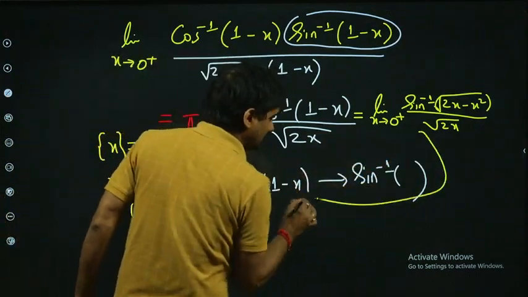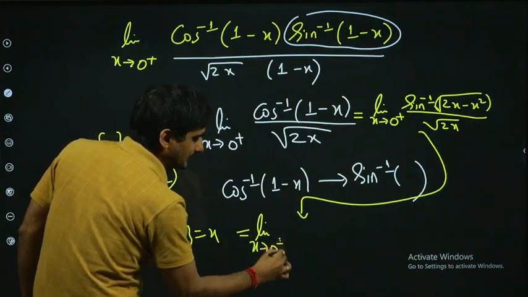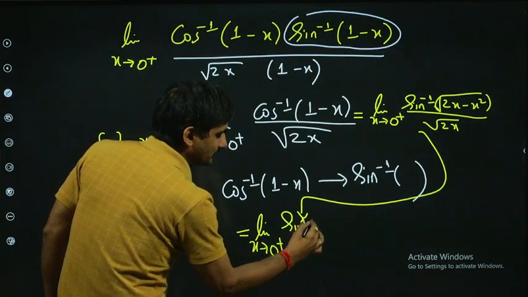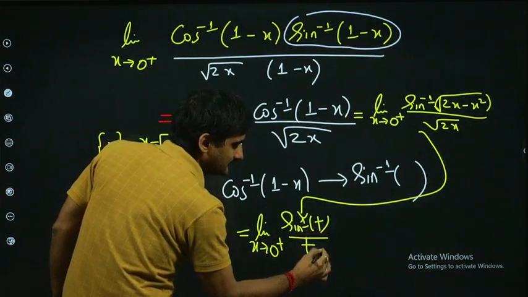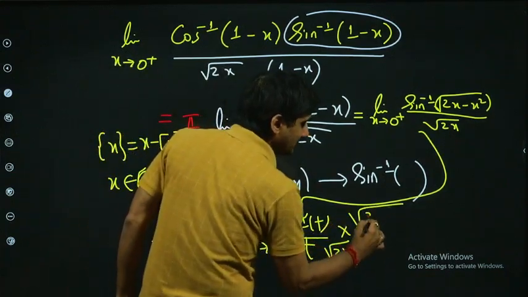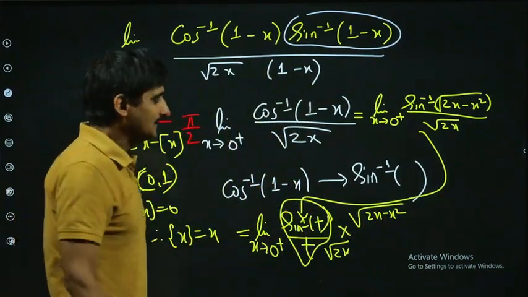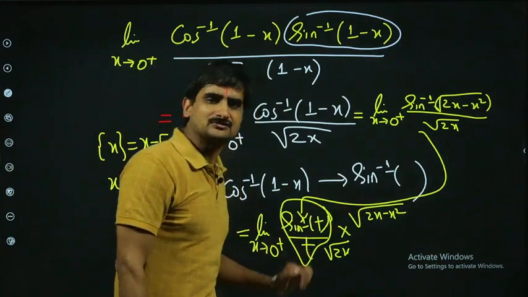So if I apply it here, you can write it as limit as x approaches 0 from the right side, sine inverse of t by t into t, and t is root of 2x minus x square. Again, sine inverse of t by t is 1. So now this is simply root 2x minus x square upon root 2x.